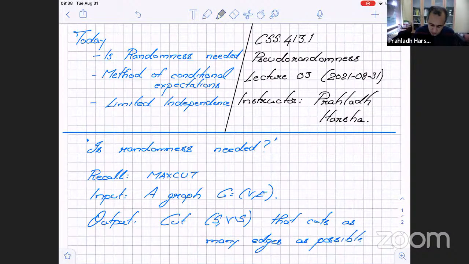So this was the problem in hand which we wanted to study. This was the max cut.